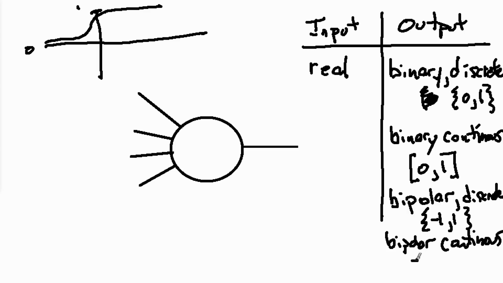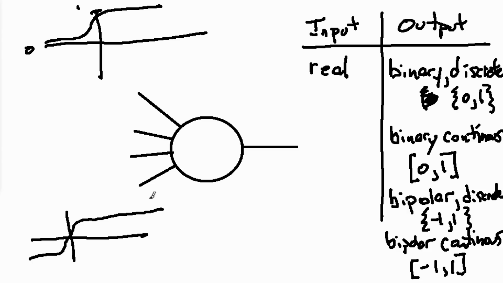I apologize for my really bad handwriting, but I think these are all words that you know. If this is bipolar continuous, the output function might look something like this, where we're getting close to 1 over here, and we're getting close to -1 over here.